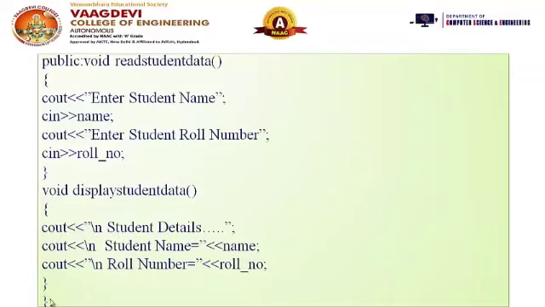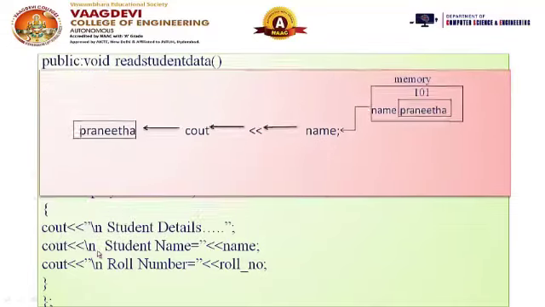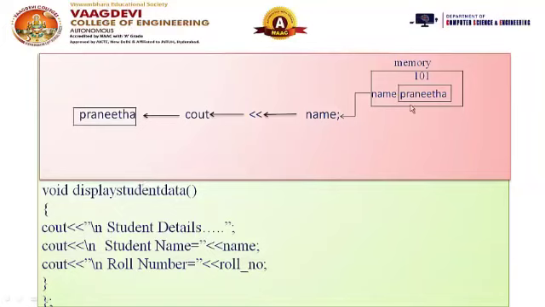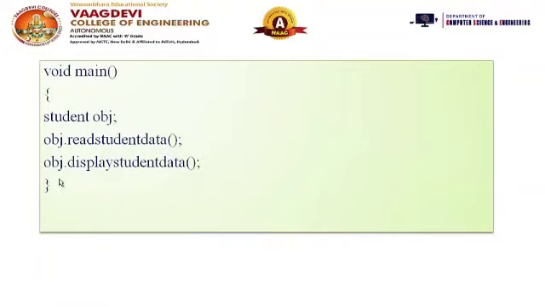And in the next statement, the value of name, that is Praneeth, is taken by the insertion operator, and then it is submitted to the cout object, which in turn prints the value on the monitor. After executing this method, the control will return back to the main function, and the main function is terminated with a closing curly bracket.